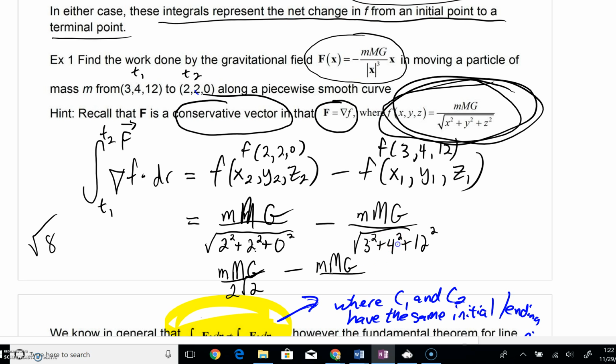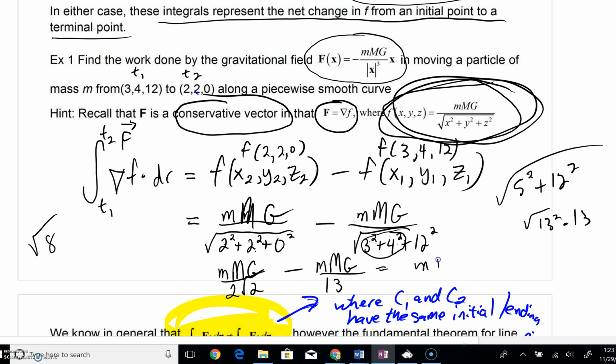Down below, 3 squared plus 4 squared. Isn't 3 squared plus 4 squared really 5 squared? Would you agree with that? Then I've got 5 squared plus 12 squared. Wait a minute, that's 13 squared, isn't it? Oh my gosh, wow. That bottom denominator is just a 13 right there.